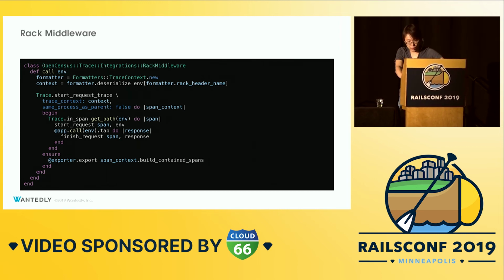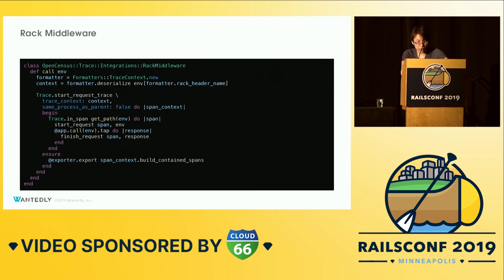In this case, it extracts trace context from the HTTP header in the first 2 lines of the call method, then creates a span with data from the HTTP request, like host name, path, method, user agent, and so on.